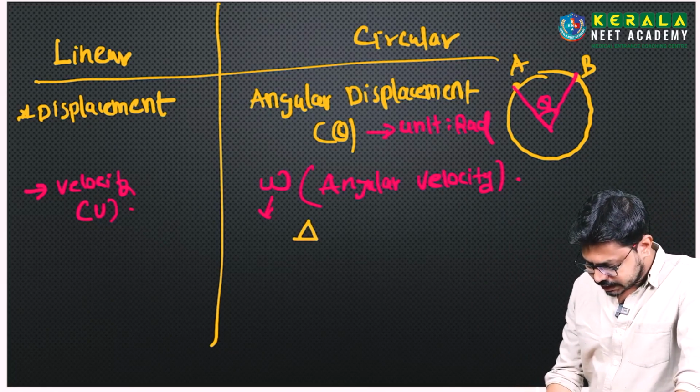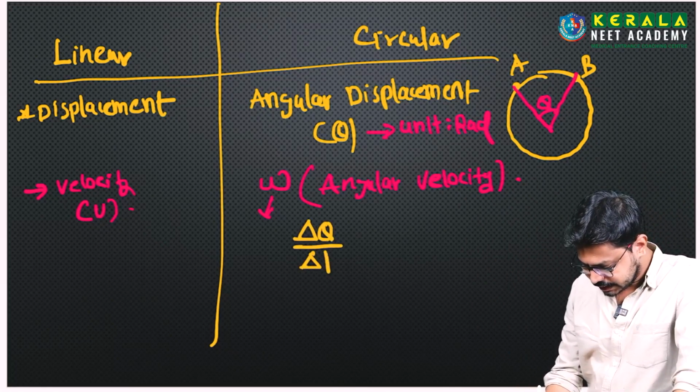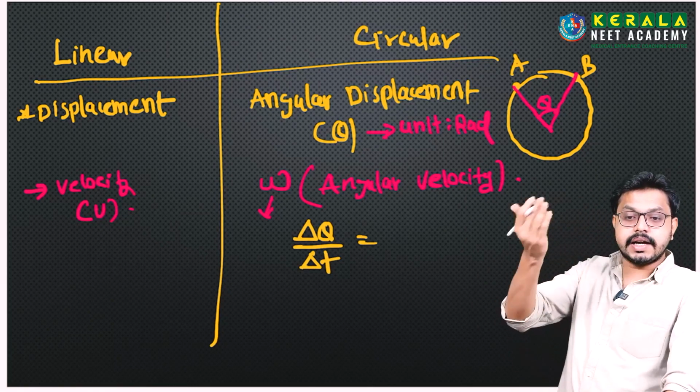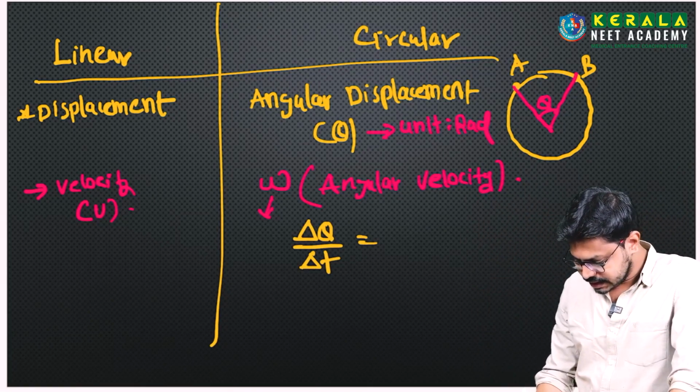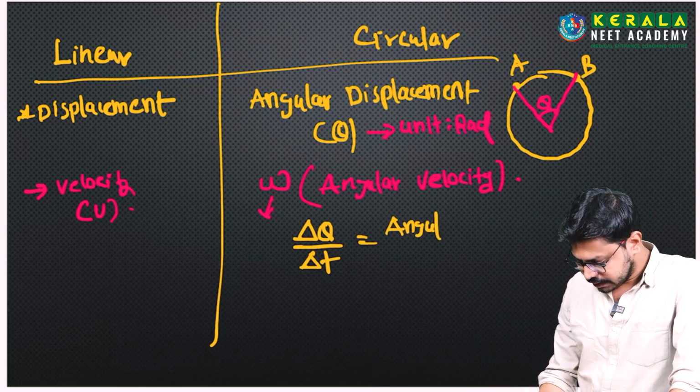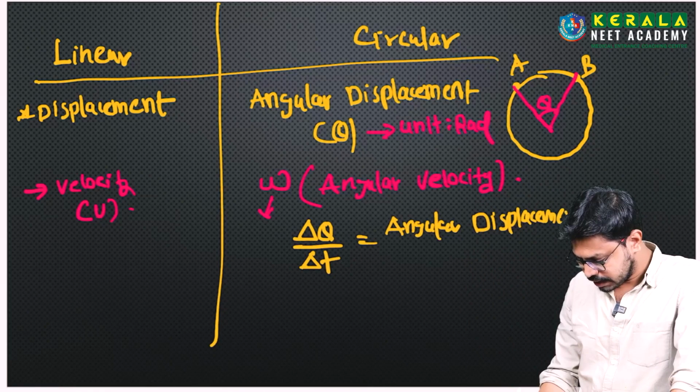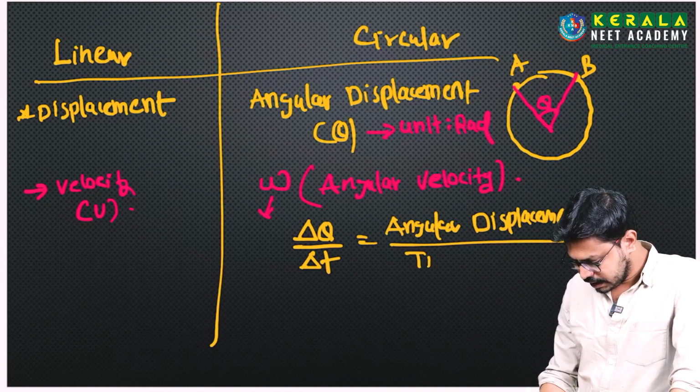Here, what will be the equation? Delta theta by delta t. What do we mean by delta theta by delta t? The change in angular displacement divided by time.